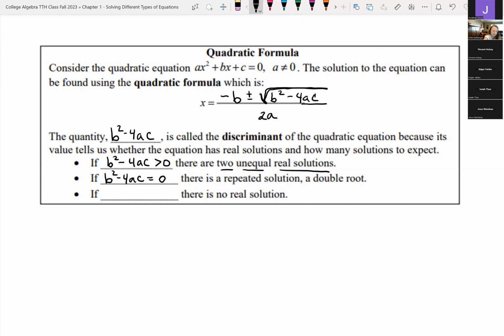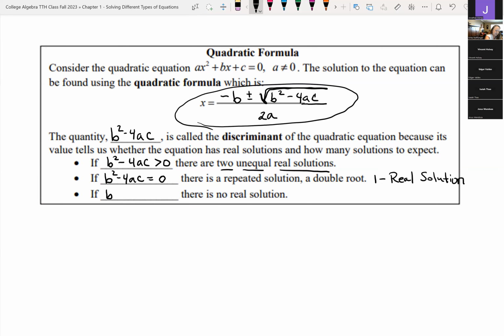So there's one real solution. Again, that kind of makes sense. If you're taking the square root of 0, the square root of 0 is 0. So up here in our formula, you'd have negative b plus or minus 0. Well, that's just negative b. So you'd have the solution of negative b over 2a.